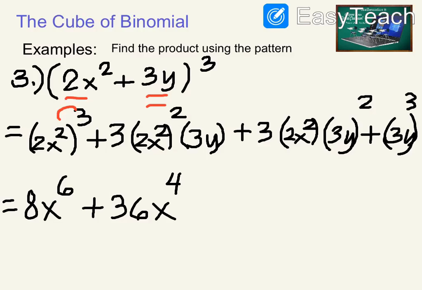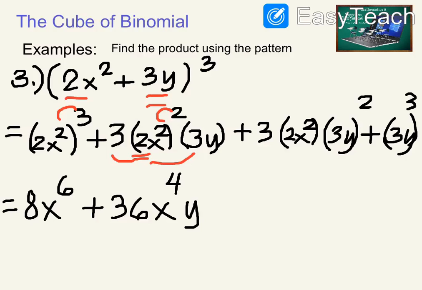And then, of course, we have only y, no exponents for y. Again, we have x to the 4th because we multiply 2 times 2 here, so that would mean x to the 4th. And then 2 times 2 is 4, times 3 is 12, times 3 is 36.